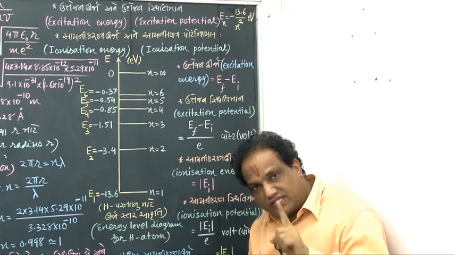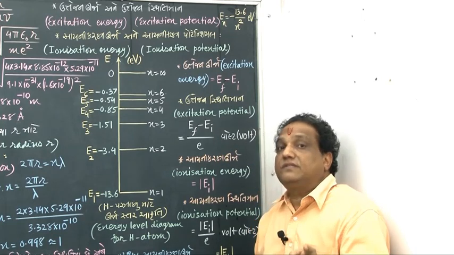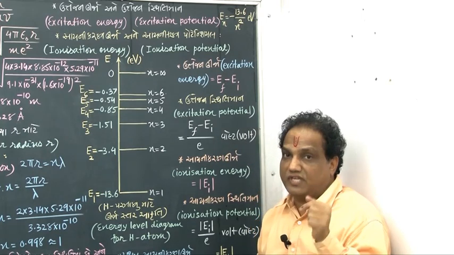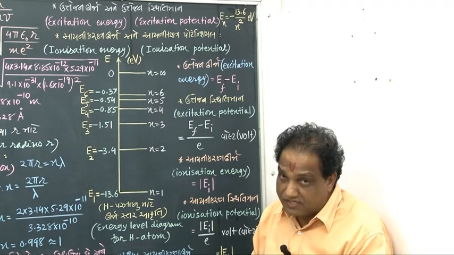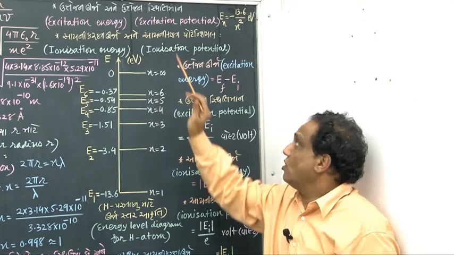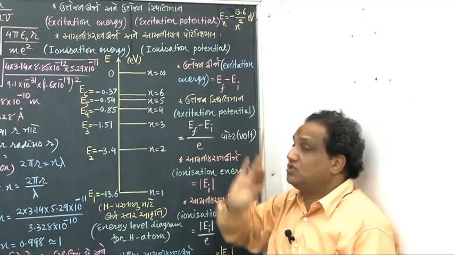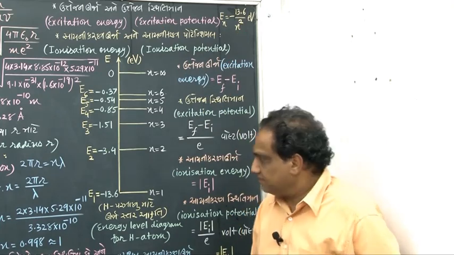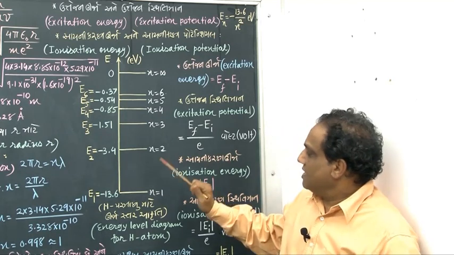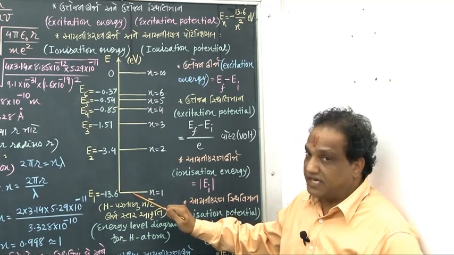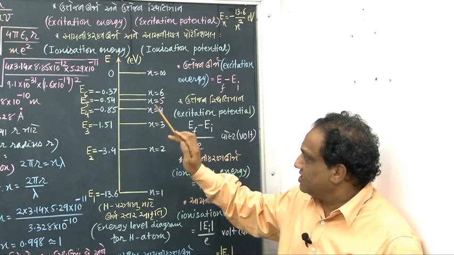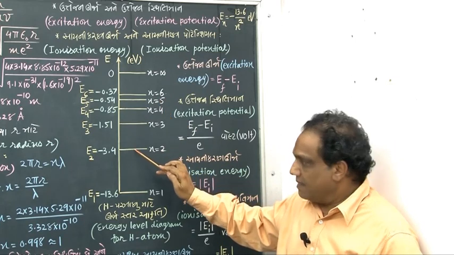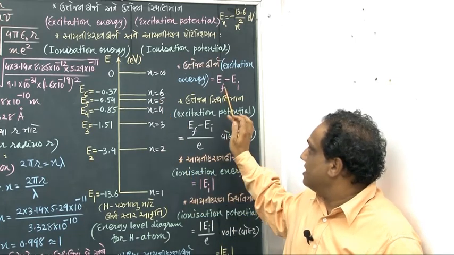Energy supplied is called excitation energy, and the potential difference through which the electron requires to be passed is called excitation potential. How would you define it? I am showing you. If an electron is going from the ith state, that is from the initial state, to say this final state, then here you may take energy as EF.